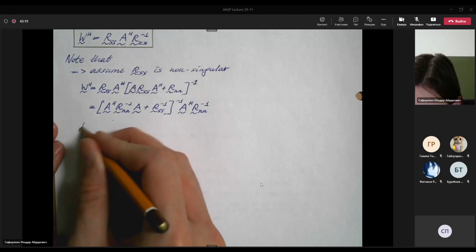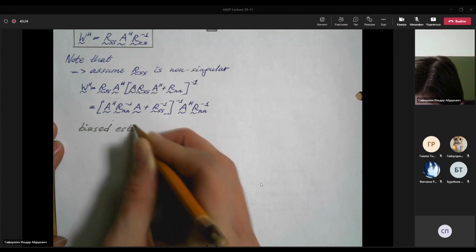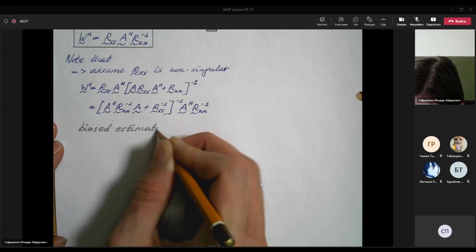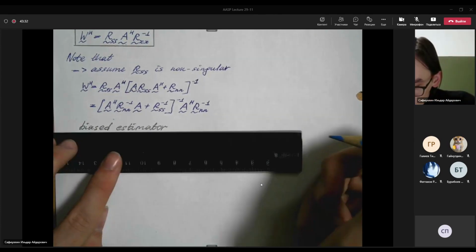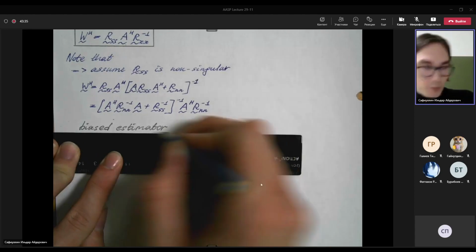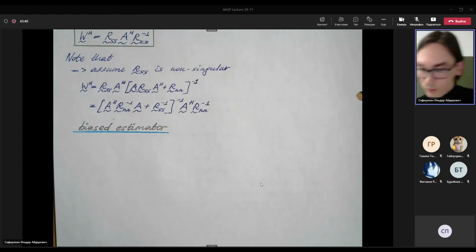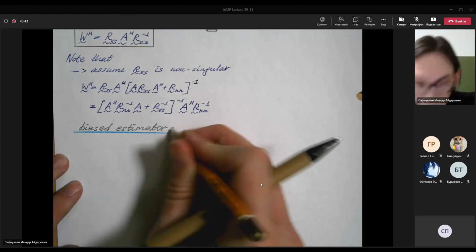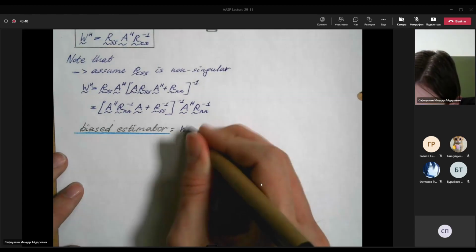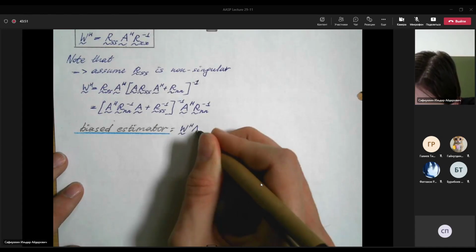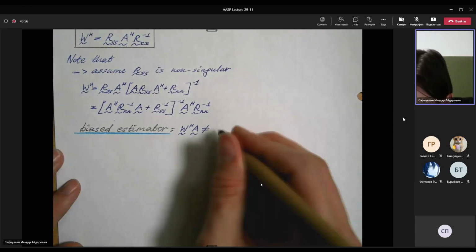So we have a biased estimator with blue color as before here, because if we multiply our weight matrix with the array theory matrix, we will have something different from the identity matrix of size D.